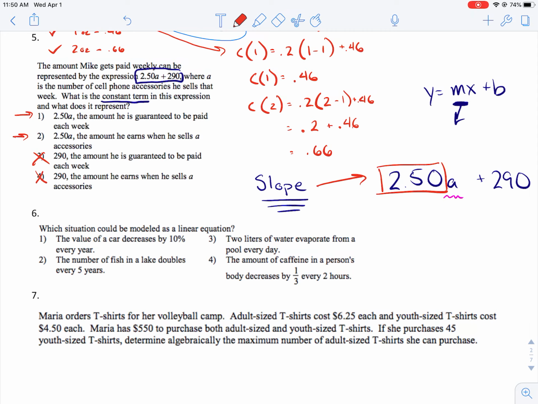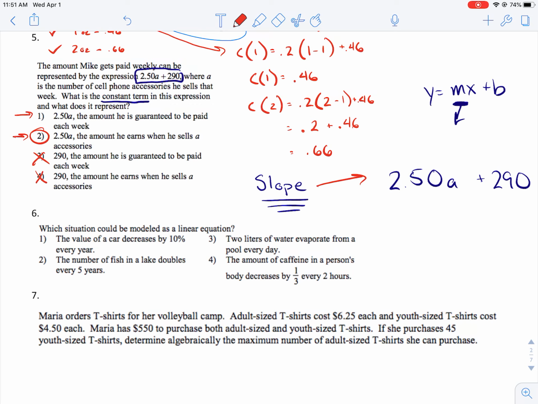And now what does that mean? So let's reread the problem. The amount Mike gets paid weekly can be represented by the expression 2.5 times A plus 290, where A is the number of cell phone accessories he sells that week. So the A represents the amount of cell phone accessories he sells that week.